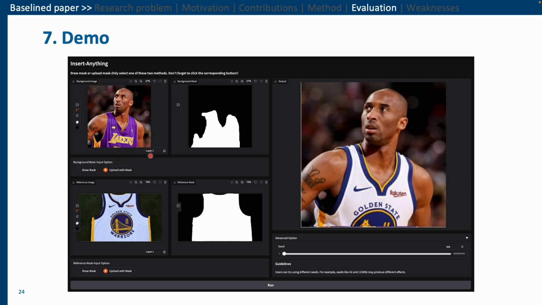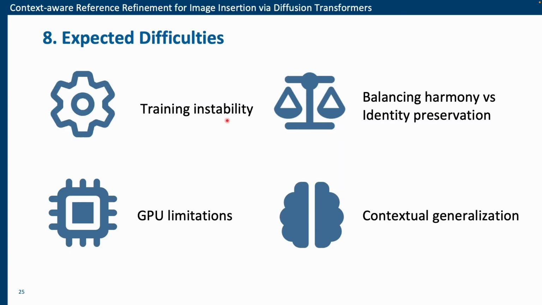We first specify the target region using the mask, where the mask region corresponds to the clothing area we want to modify. And after clicking the generation button, the model produces a new image in which the player has been successfully replaced, while preserving the overall identity and pose of the player.